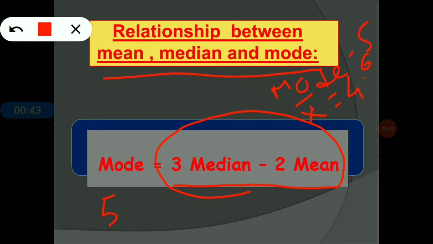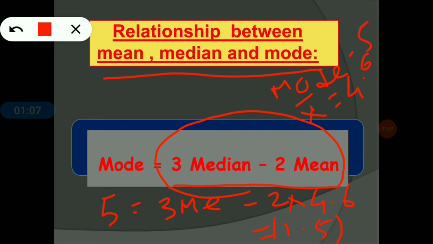So now find out the value of median. So 5 is equal to 3 median minus 2 into 4.6, and after calculation, which is equal to 1.5. Clear? This is the value of median. So I think this is clear.